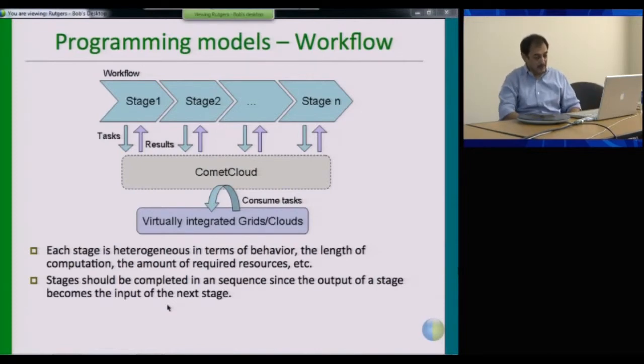For example, there might be a very data intensive stage that has to run on a machine with certain characteristics in terms of memory capacity and the like. And if that is not part of the federation, it would be federated, assuming the right credentials exist, and then the task would be run on that resource, right? So it provides the ability to do this kind of execution of these workflows.